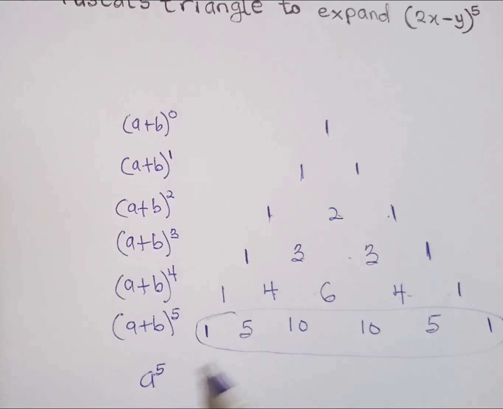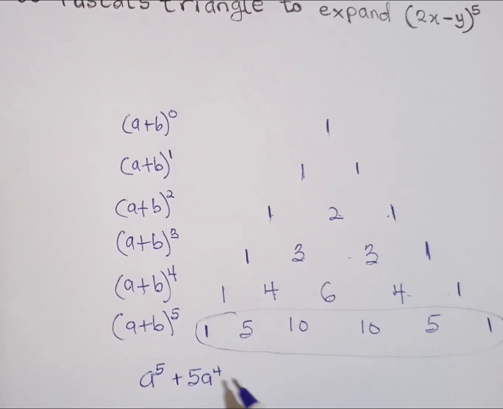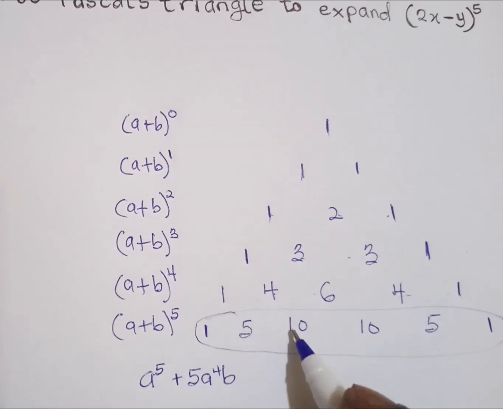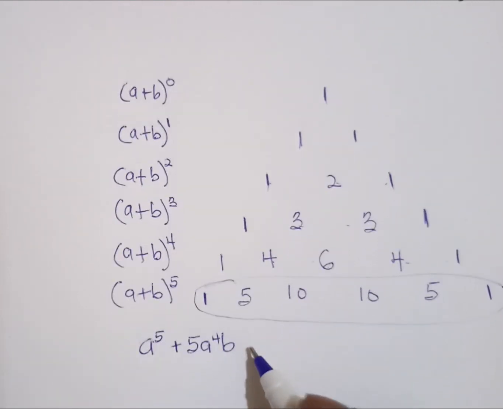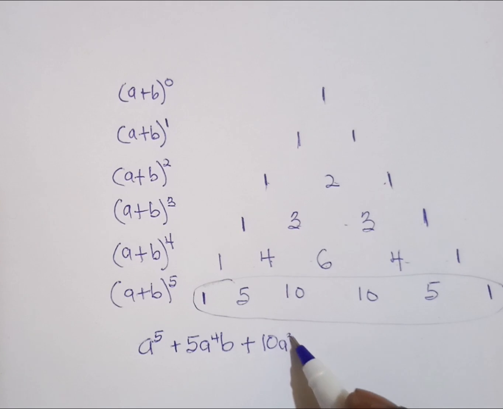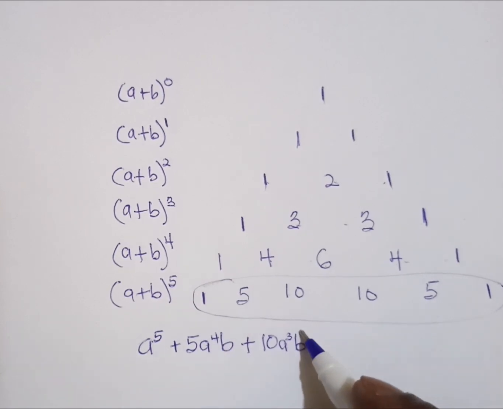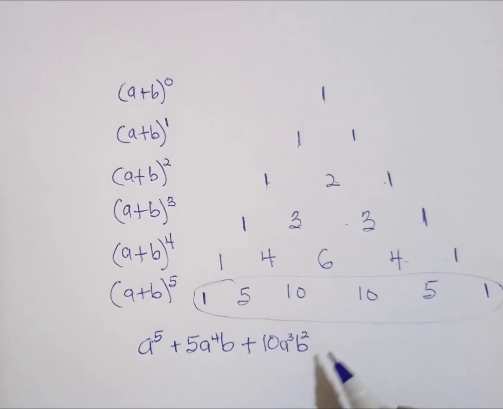What is my next coefficient? My next coefficient is plus 5. But a will reduce by 1, so I'll have a exponent 4 here. Then b will start. The next coefficient is 10, and a will reduce by 1, so I'll have exponent 3 here. And b will increase by 1, so I'll have 2 here.